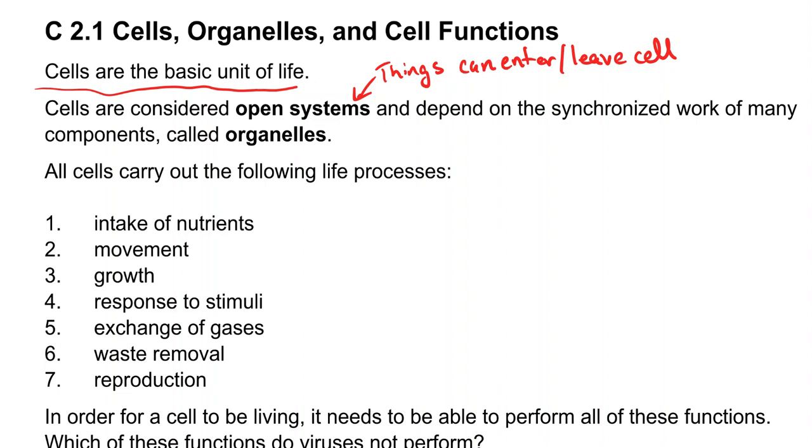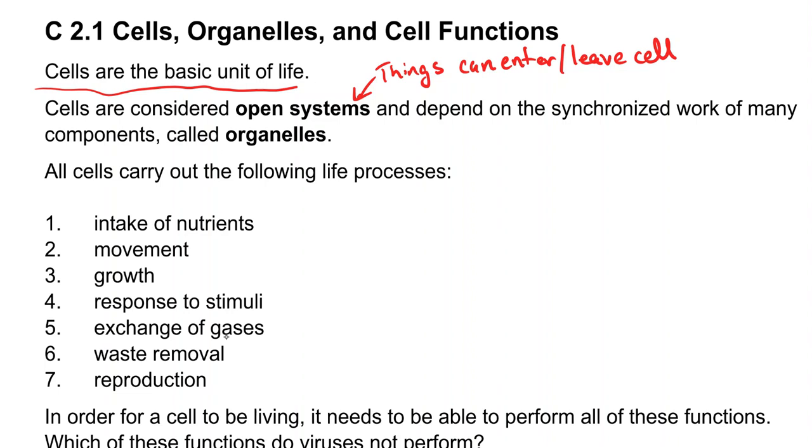Growth. Not all cells are made or created at the appropriate size, so they need to be able to grow. They need to be able to respond to stimulus outside, so that's a single-celled organism. If it comes across food that it wants to take in, it has to be able to respond to that in a different way than it would something it doesn't want to take in.